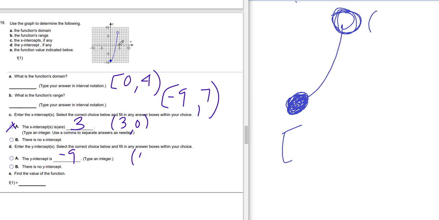That would be the ordered pair 0, negative 9. And the value of y when x is 1, you kind of have to just be really careful here. It looks like it would be negative 8. Because remember, it's not at negative 10, it's at negative 9, and then that's going to be 1 up from negative 9, so it's going to be negative 8.